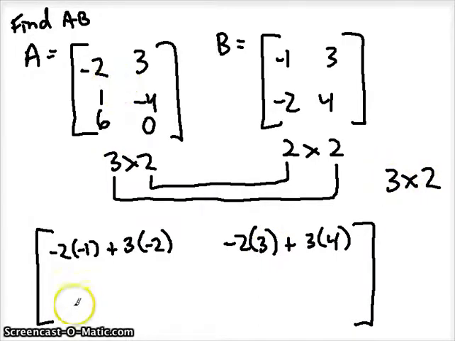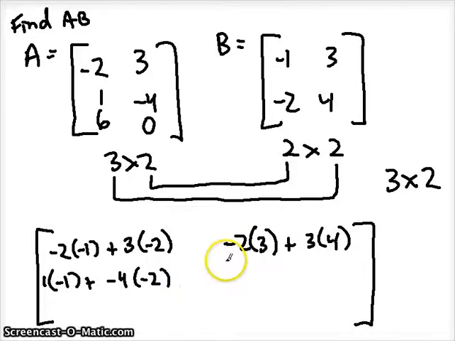Well, now, since we're looking at the answer to the spot that goes in the second row, first column, that tells us we need to multiply all of our entries in our second row, first column. So first entry would be 1 and -1 multiplied together, and we're going to add that to our second entries, -4 and -2.